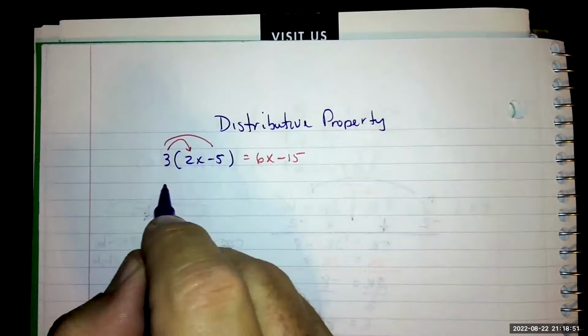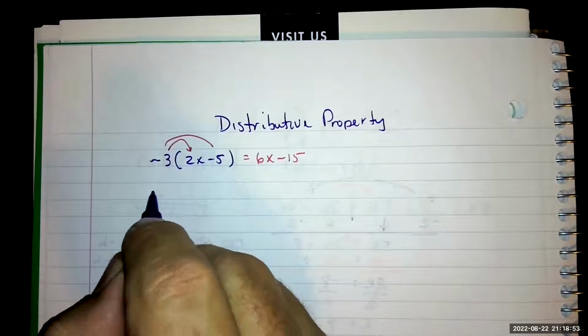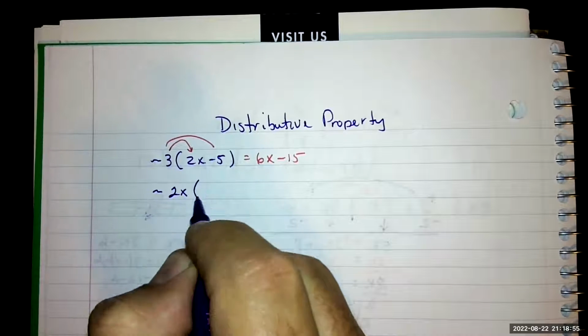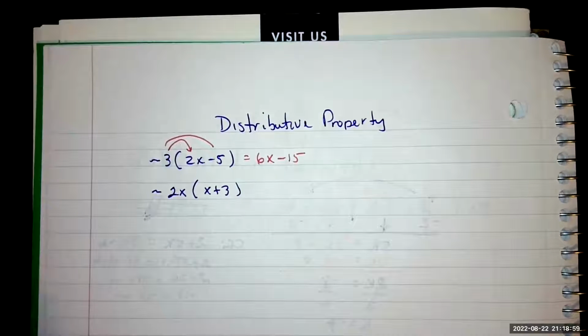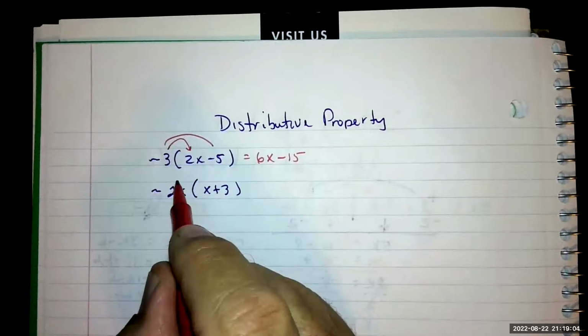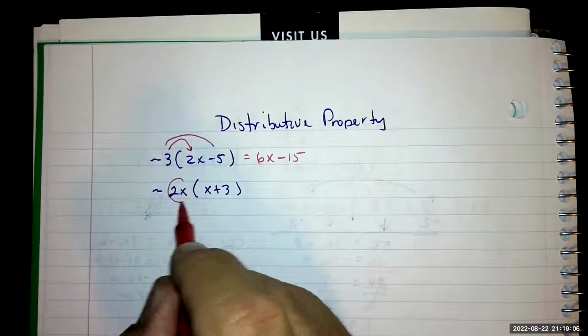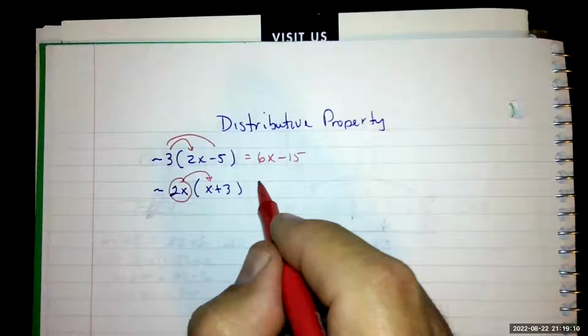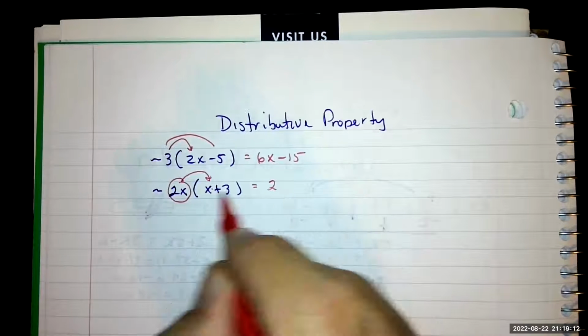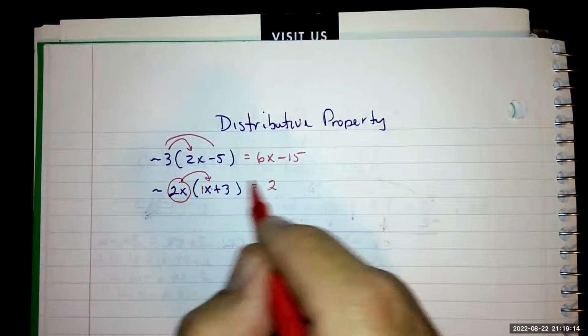So that's one example. Let's say we have another example. Let's say 2x times x plus 3. All right, so now this is the letter x, not times. Even though they're side by side, this whole thing here is going to get distributed to everything. So 2x times x. So I got a 2 because that's a 1. So 2 times 1 is 2.